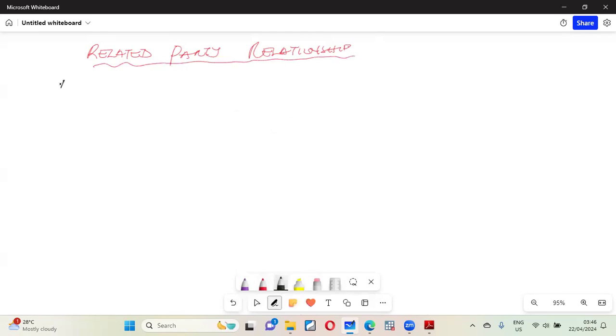The first one that I'll be looking at is centered on a person.